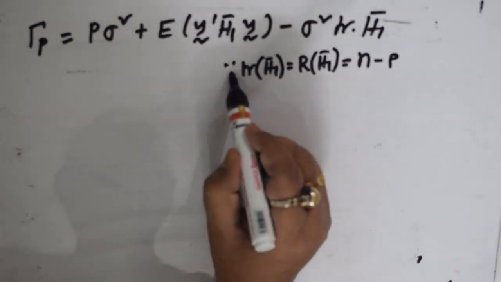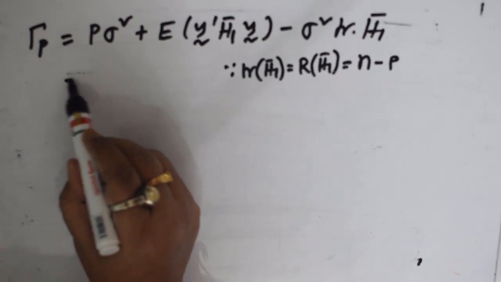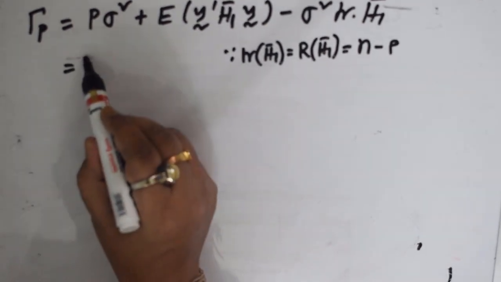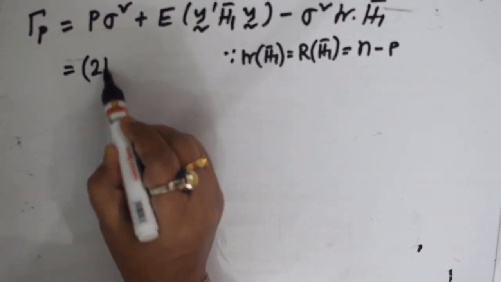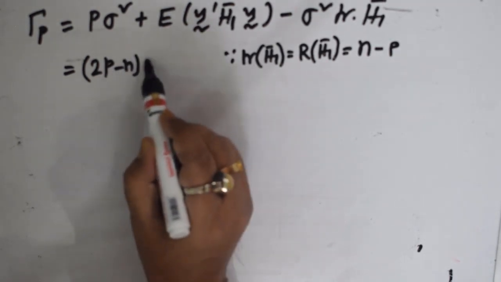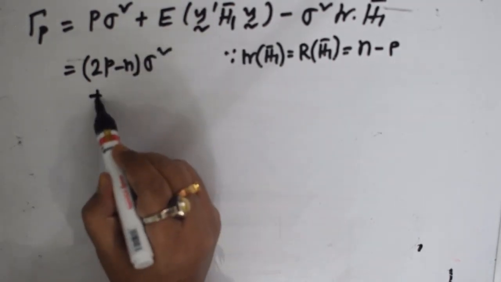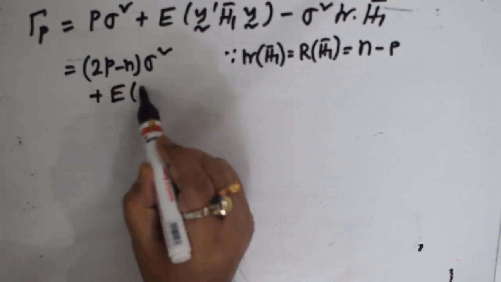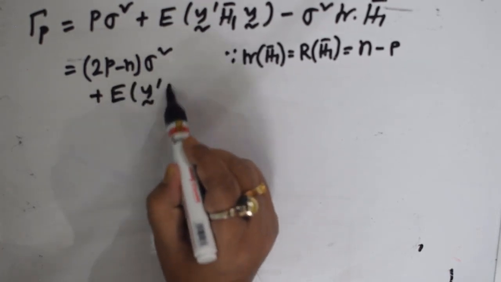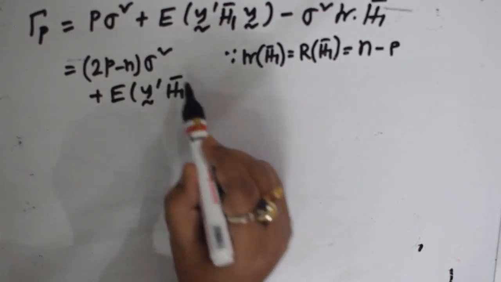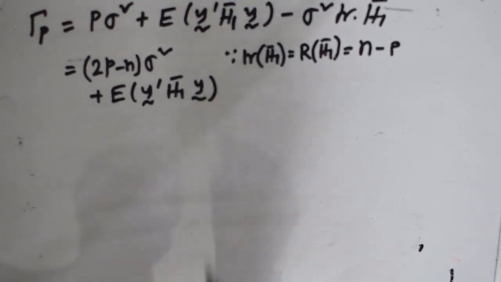Therefore, this equals 2p minus n sigma square plus expectation y curl prime h1 bar y curl.